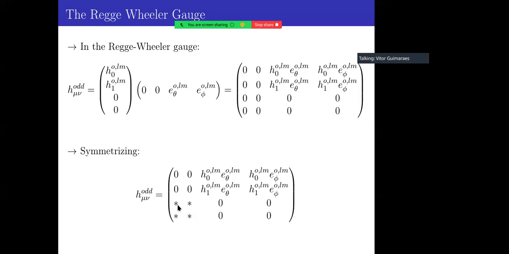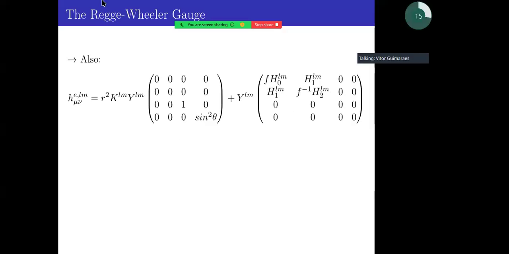The 0θ and θ0 components will be equal, and so on and so forth. Just as we did earlier, but now I'm showing explicitly how to construct them. It was implicit in the previous lecture. So this is the odd perturbation in the Regge-Wheeler gauge.